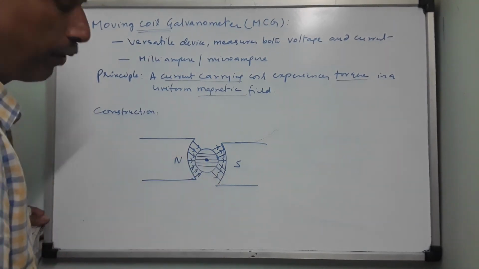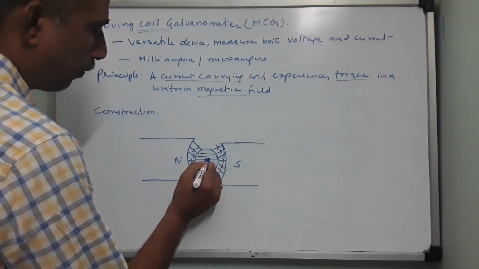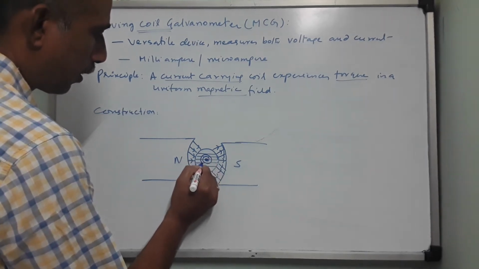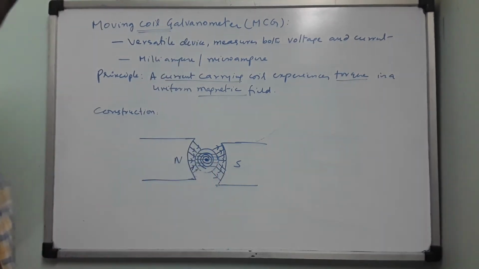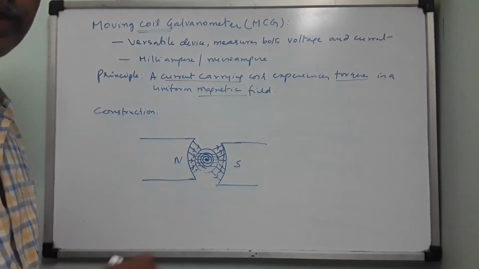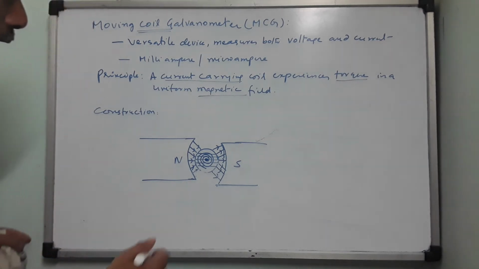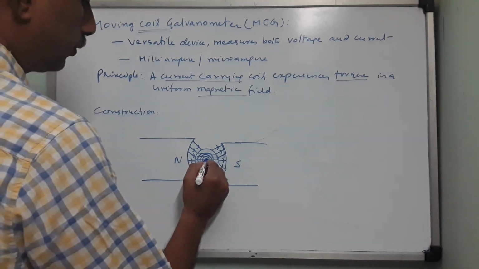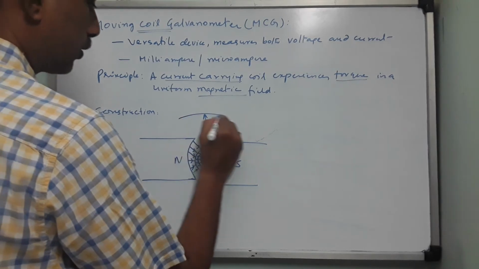On the pivot there will be a hair spring. Instead of using a suspension wire, we are using a hair spring to have a restoring torque. Now this has a pointer which moves on a scale.